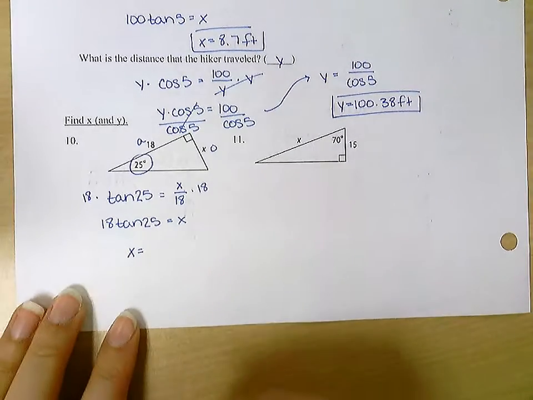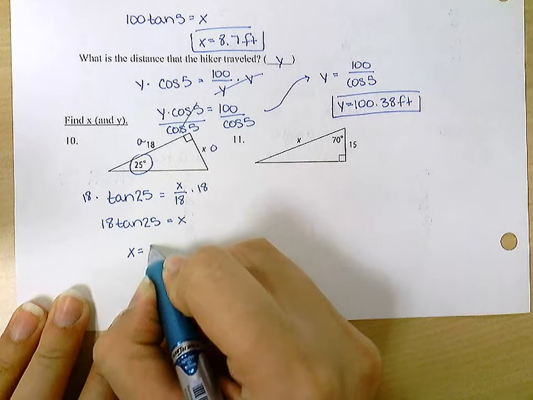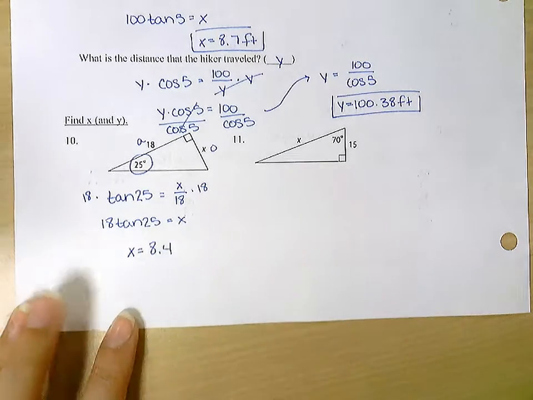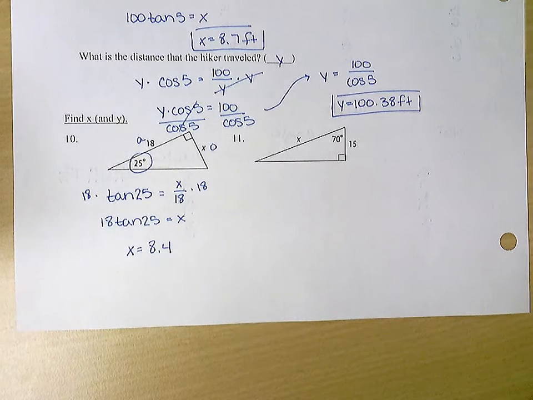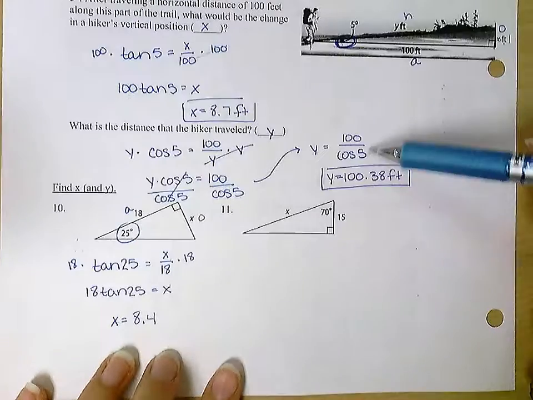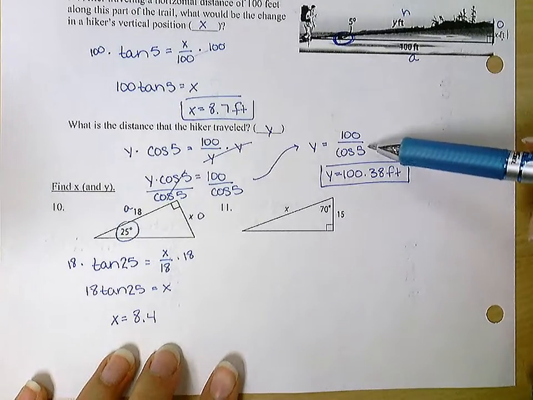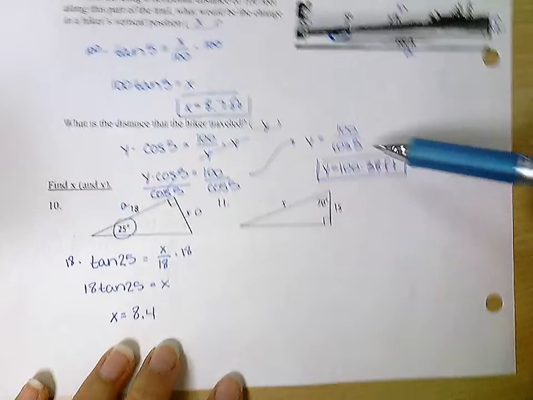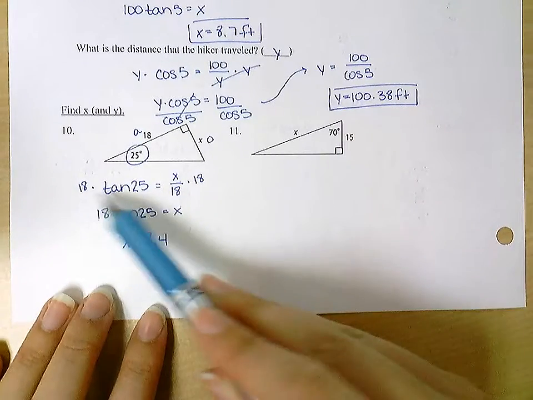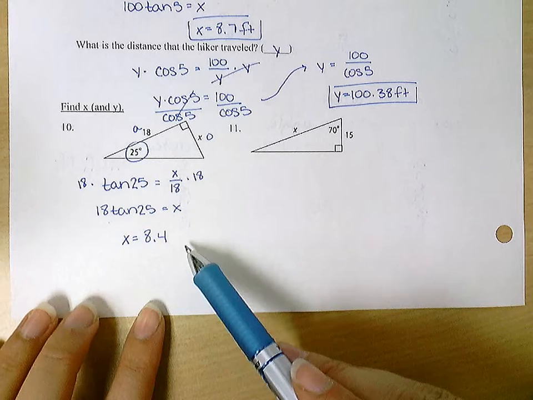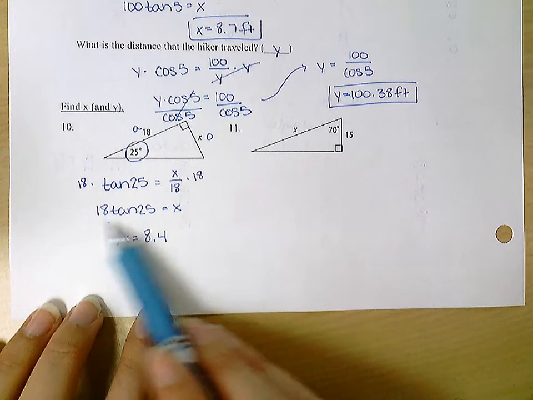Wait, how do you know when you divide and when you multiply? Here, you'll have a fraction, you divide. Here, if you're multiplying through and you don't have to divide by anything to get x by itself, then you multiply.